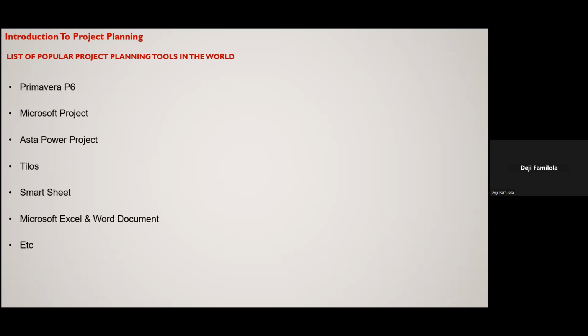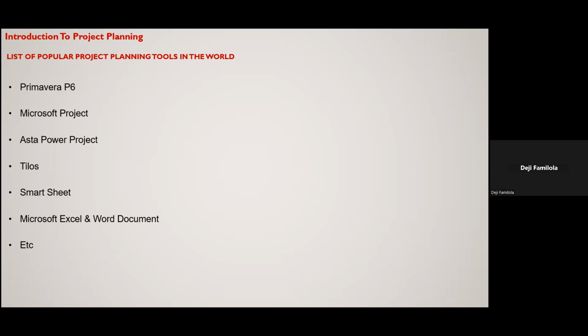And in some industries where most of their projects are linear, like the rail industry, the main project could be laying a new track or track renewal. Because it's linear, it's straight, they use tilers, and that software is all about time and distance.